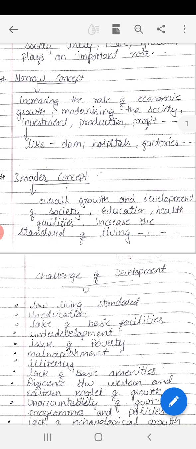So in the initial years, the focus was on catching up with the West in terms of economic growth and modernization of societies. Developing countries adopted goals like faster economic growth, industrialization, modernization of agriculture, and extending and modernizing the system of education.